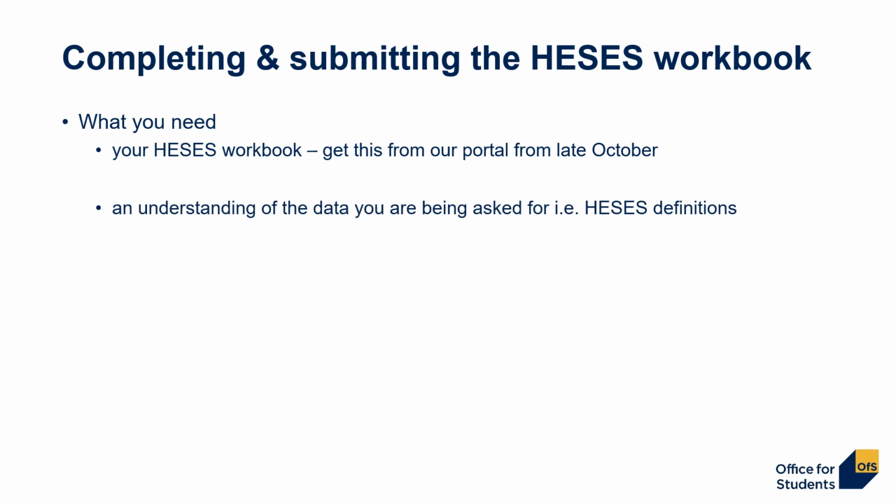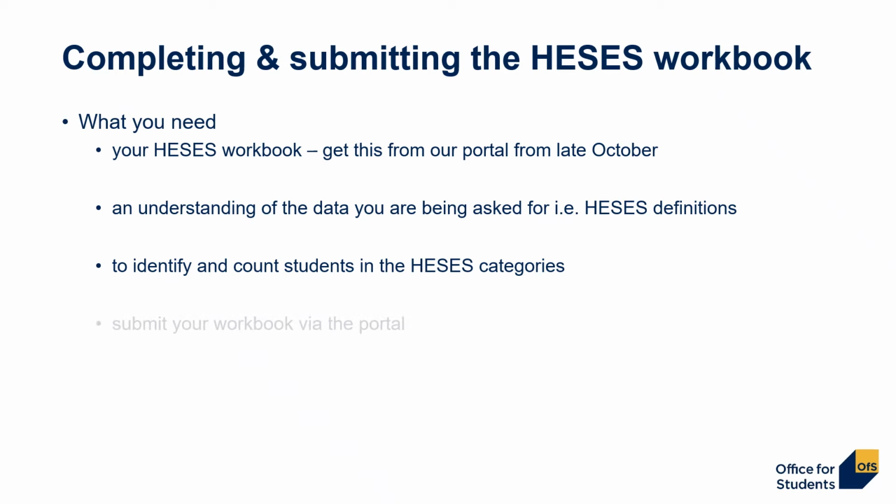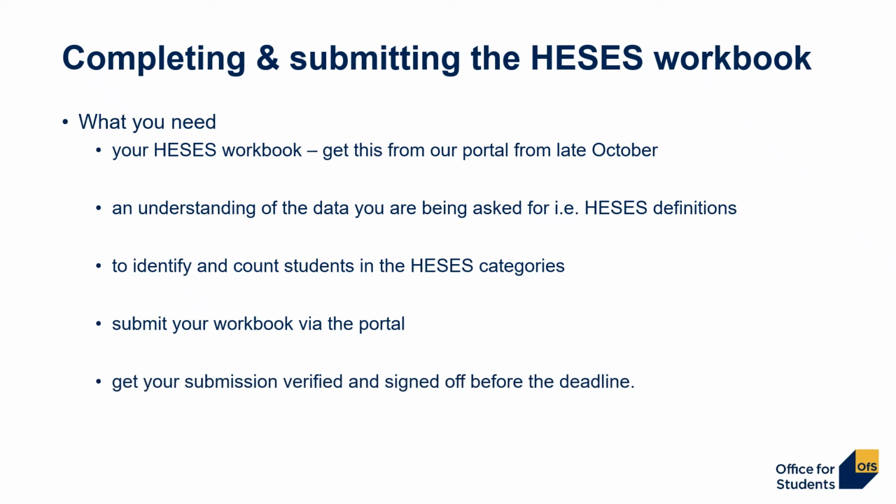Providers need an understanding of their data and how this relates to the HESES definitions, which are set out in our main HESES guidance document, and we'll mention this document again soon when we review the various HESES resources available. With all this in mind, providers then need to be able to identify and count students in these categories. And this culminates in the submission of your workbook for verification, making sure that it's signed off before the final sign-off deadline.